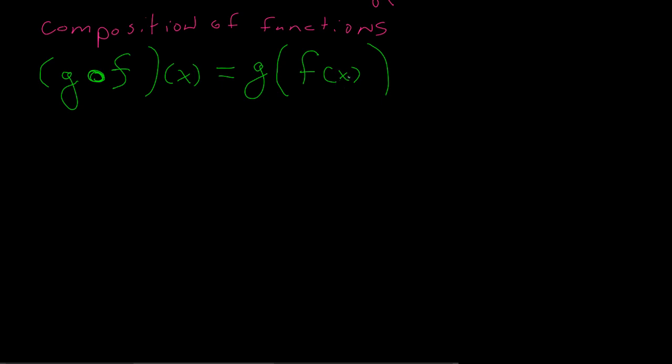And F is going to spit out barrels of oil, which then becomes the input for G. So the answers to F become the input for G. Notice if I called F like we used to, y equals f of x, I could rewrite this as G of y. So G is getting the output of one function. I read this as G composed of F, or G of F.